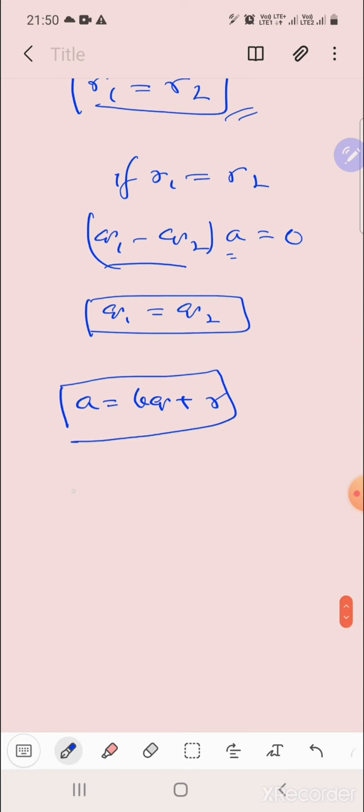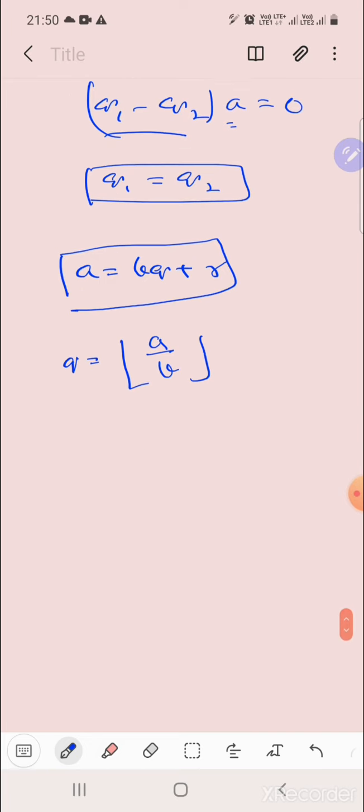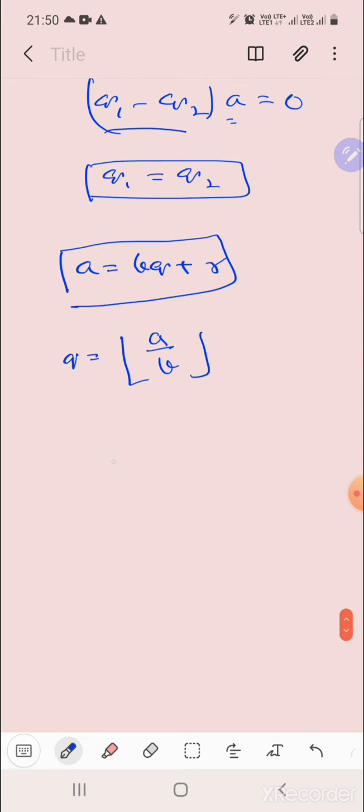From here you can write q as the floor function of a by b, and from the inequality, a by b minus 1 is less than q, which is less than or equal to a by b.